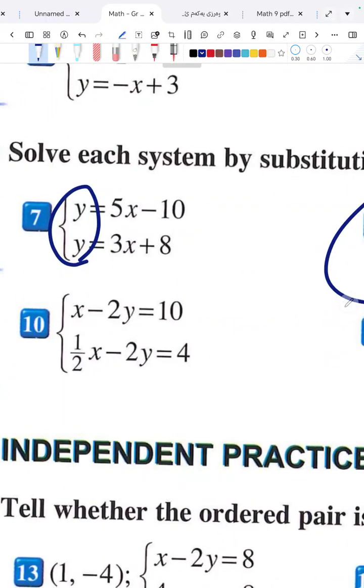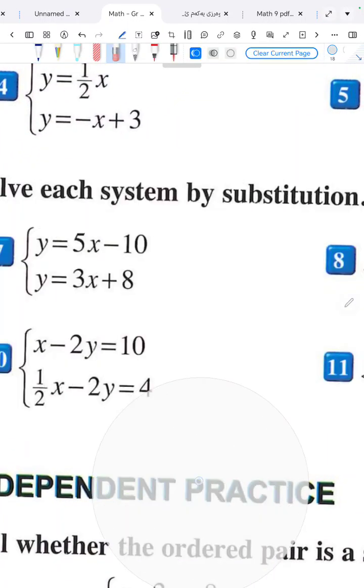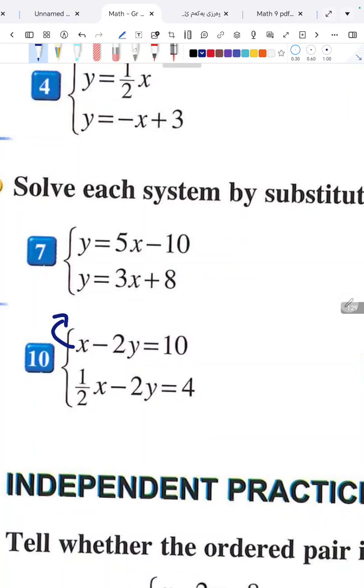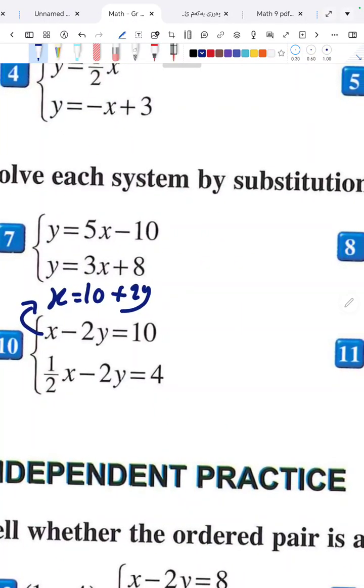None of them is written as y or as x, so I'm going to change one of them to y or x. I'm going to change the first one. I'm going to write the equation as x. x equals 10 plus 2y. Then instead of this x, I'm going to write 10 plus 2y.